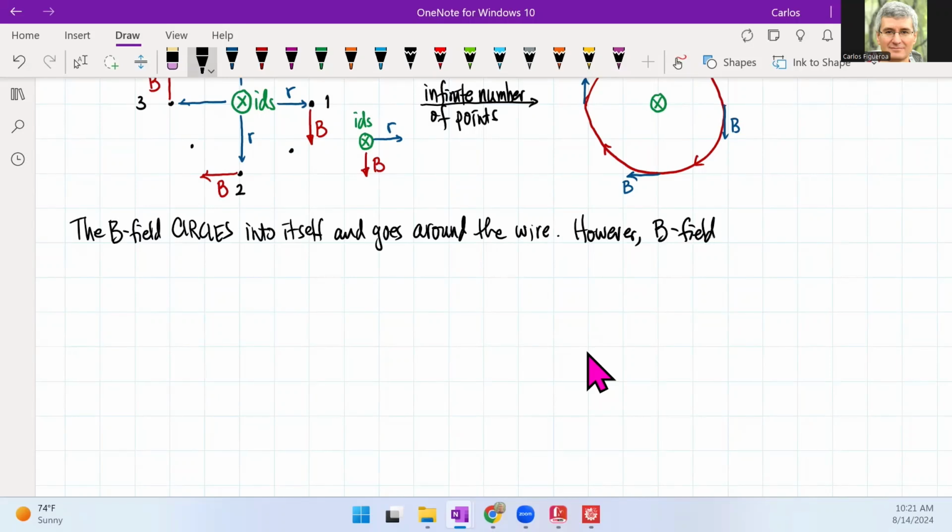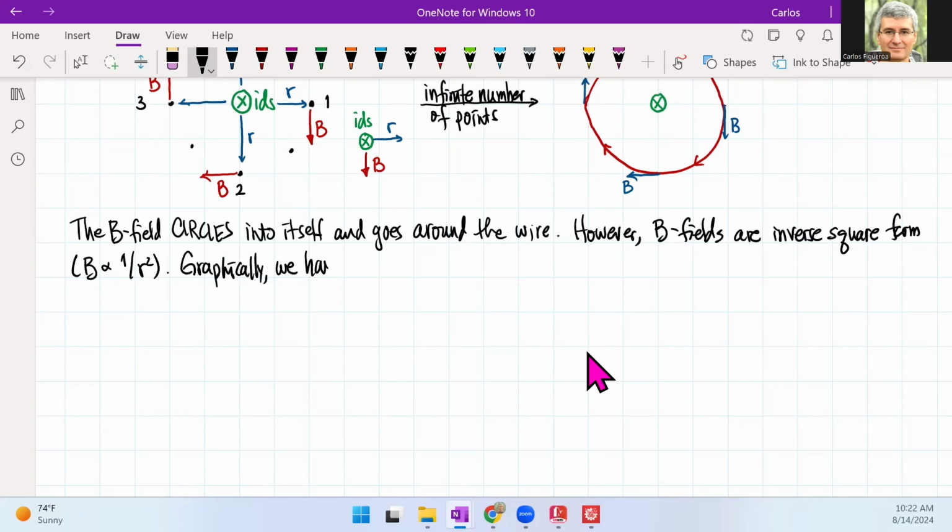However, magnetic fields are inverse square form. In other words, the magnetic field is 1 over r squared. Graphically, we have to account for this.